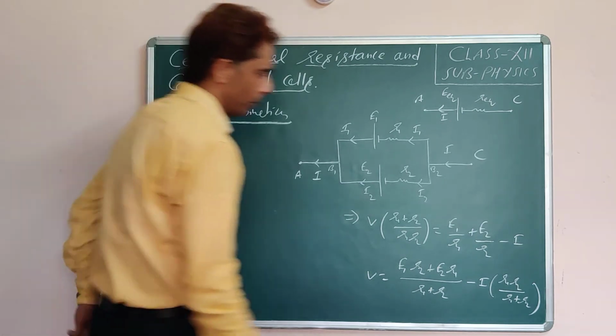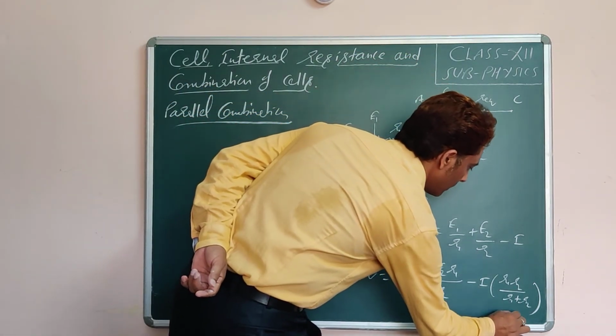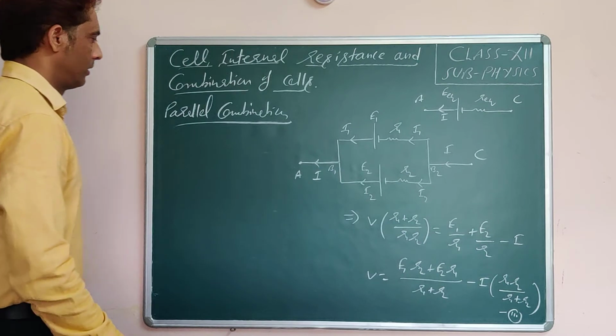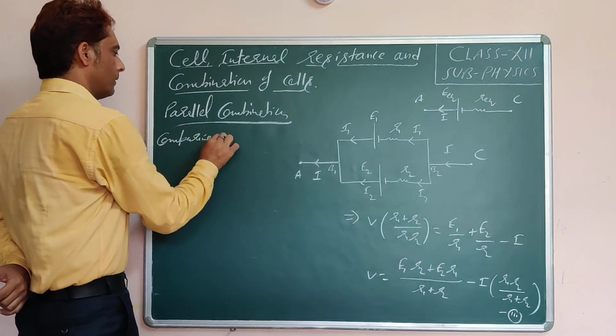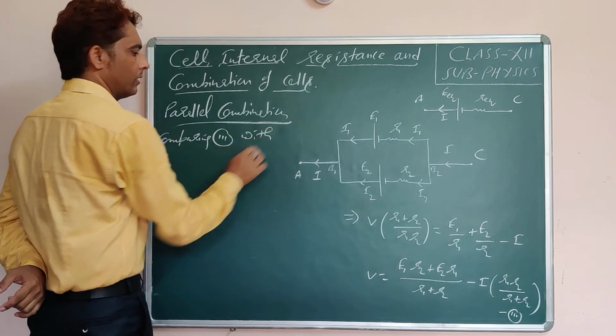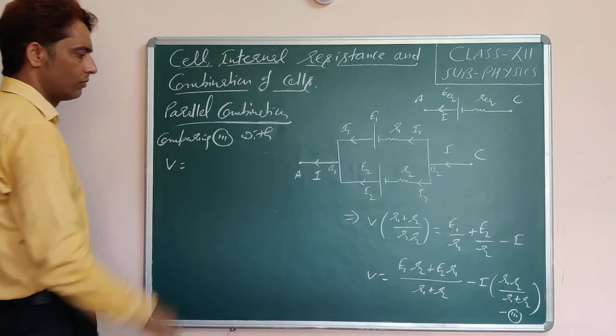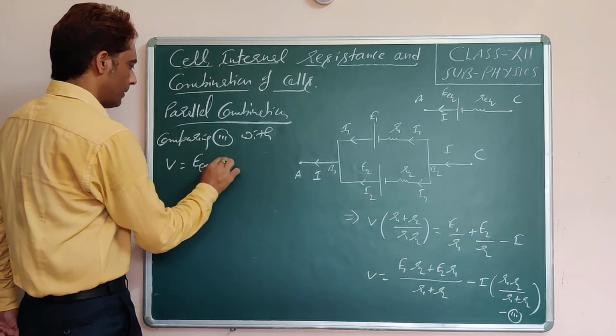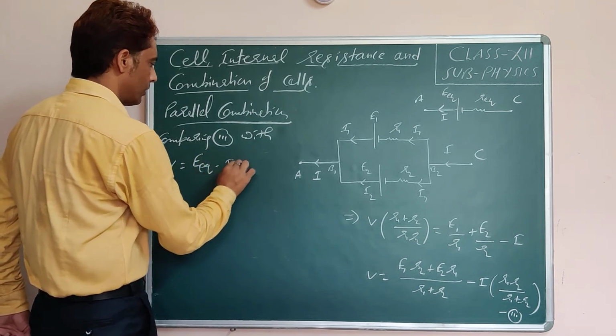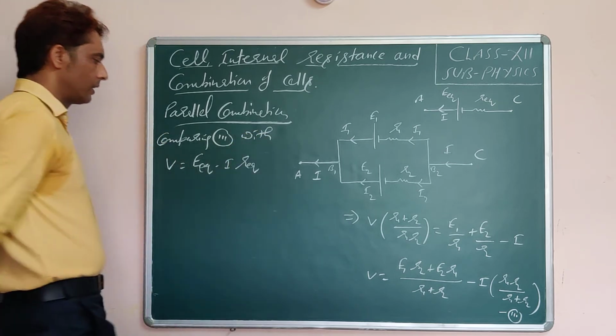Now if I give it number 3, comparing 3 with V is equal to E equivalent minus I into R equivalent.